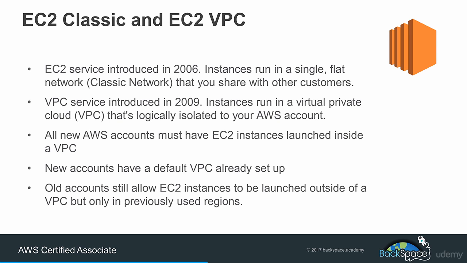They will only be allowed if they have previously launched an EC2 instance in that region. So if you've never launched an EC2 Classic instance in a region, you will not be allowed to launch it now, no matter how old your account is. If you've got a new account, you will never be able to launch an EC2 Classic instance. It will have to be in a VPC.